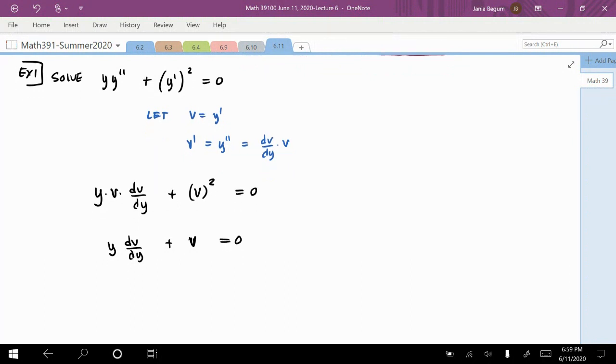So let's isolate the variables: 1 over v dv is equal to negative 1 over y dy. So this is separable.